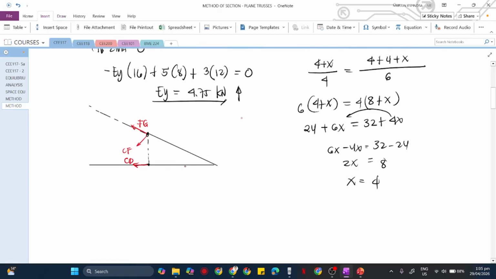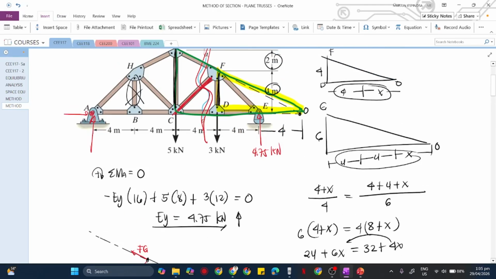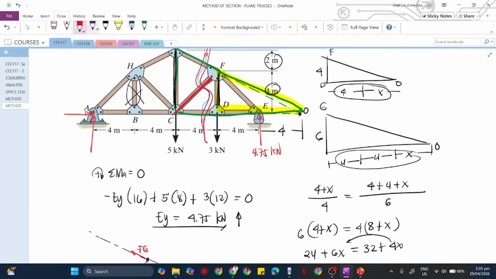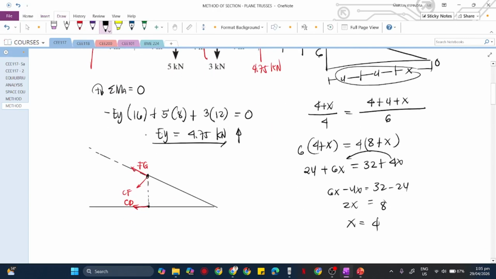Now here we have this, so this is our point E. From here, that is 4. Then we got that from point O. This is point O, that is 4 also.